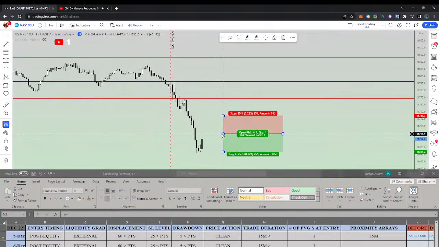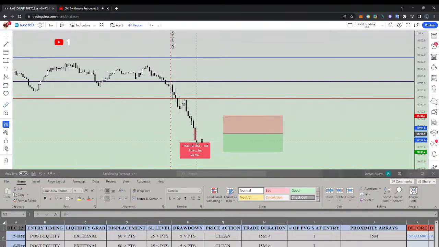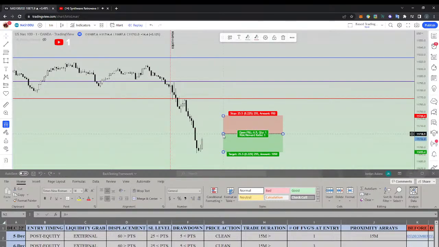Let's call it consequent encroachment, and I'll have to measure that. We got pretty darn close to that already, 1718. It's pretty close. All right, stop loss above the premium here, the premium candle that forms the premium line, which is this guy, but we're going to go above this one.